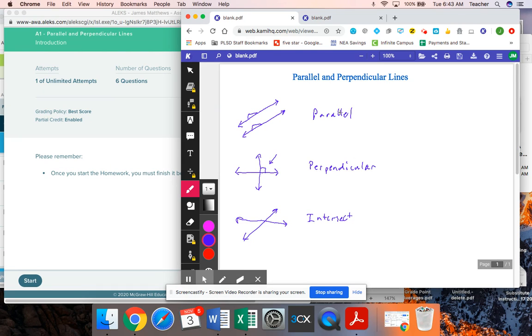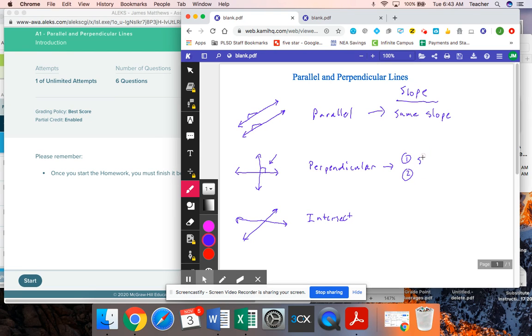What's going to matter with all of these things will be the slope. So if two lines are parallel, then they have the same slope because they rise and run the same rate. When lines are perpendicular, there are two things that are true about the slope. So the most important thing is the slope. It's the same slope when they're parallel. When it's perpendicular, two things.